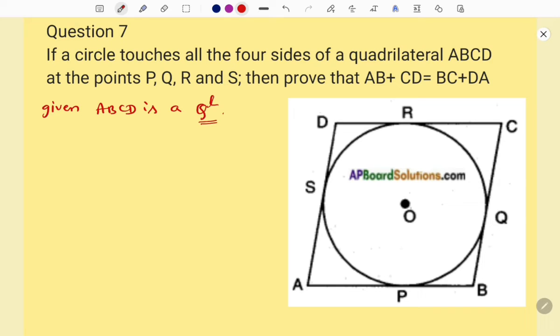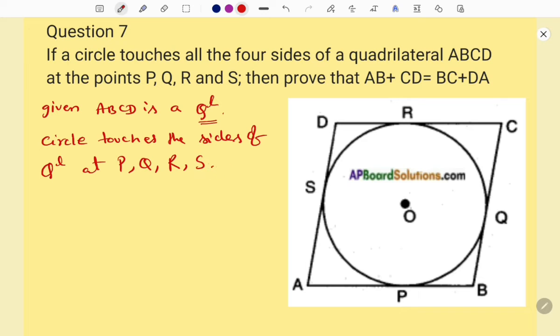Now a circle touches the sides of the quadrilateral at P, Q, R, S.